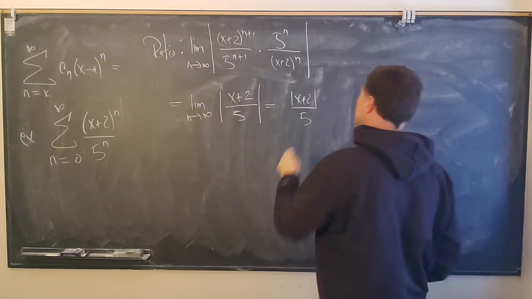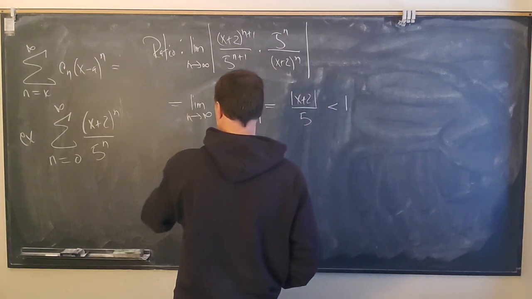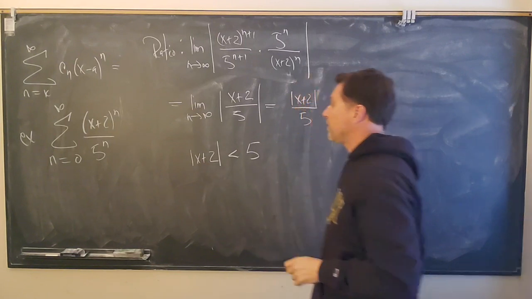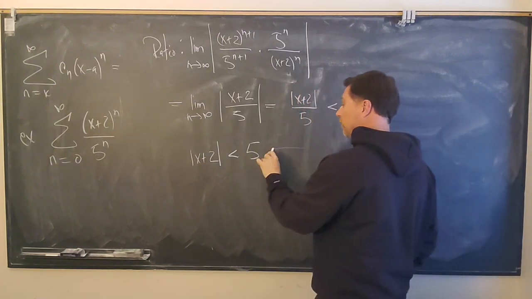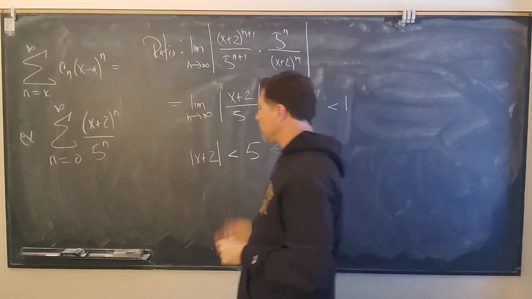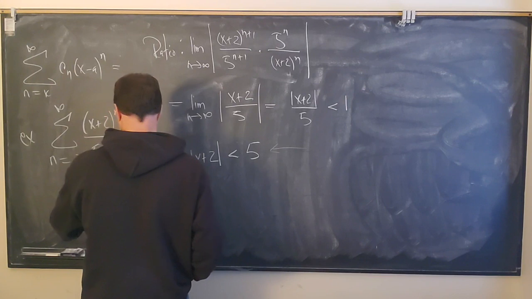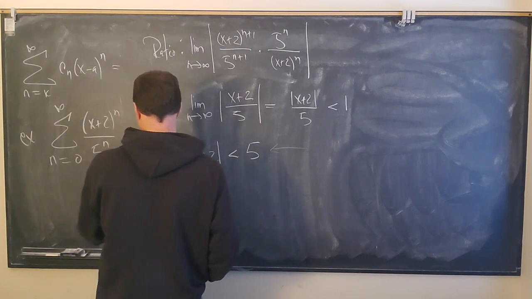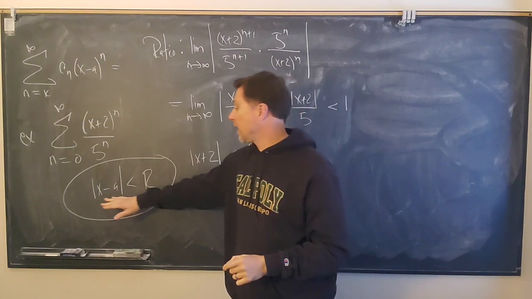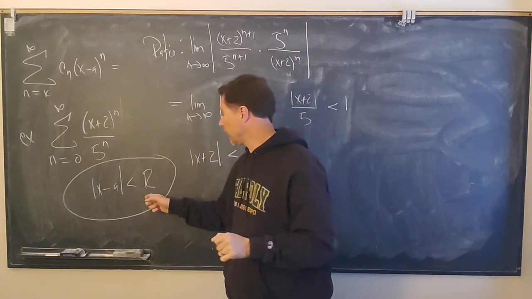The ratio test tells us that we need this less than 1, which means that we need the absolute value of x plus 2 to be less than 5. And notice now we're staring right there. That is the radius of convergence, that number 5 right there. When you're doing the process and you get to an inequality of that form, the absolute value of x minus a less than some number r, then you're looking at the radius of convergence.